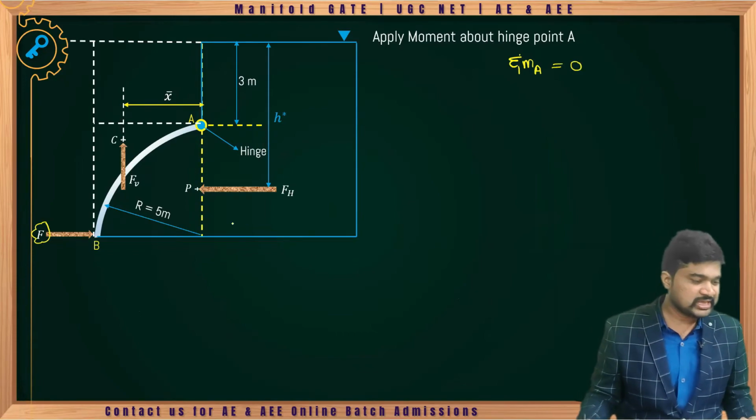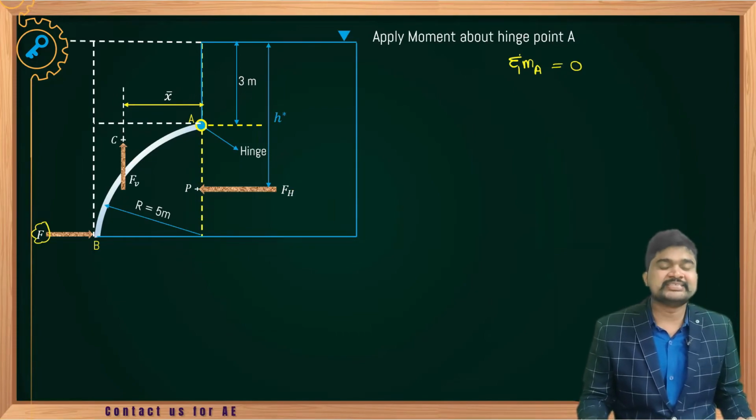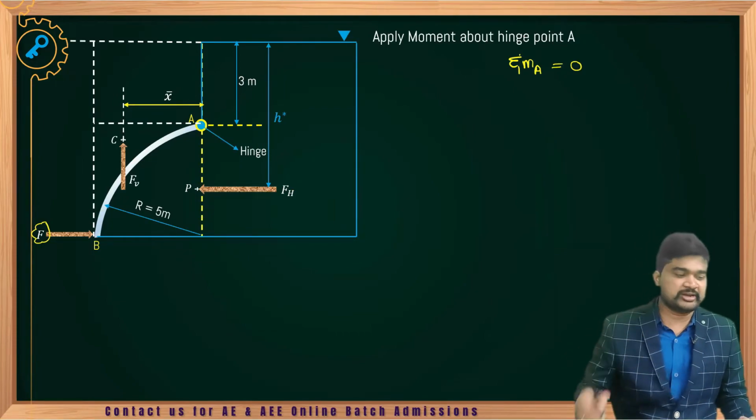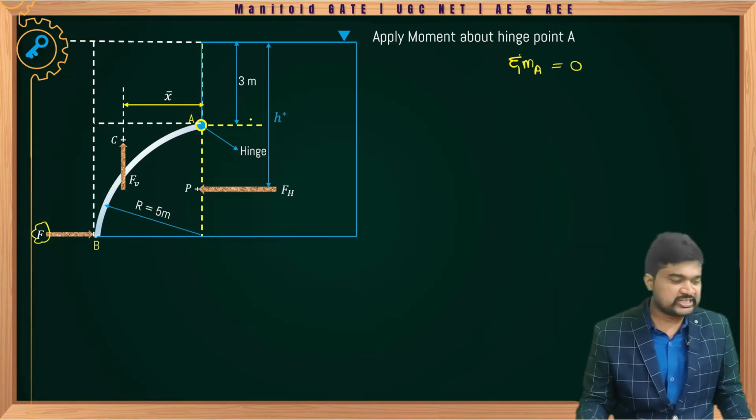Now just see. Moment of FH about point A is acting in the clockwise direction. Moment of the vertical force about the hinge point is also clockwise.